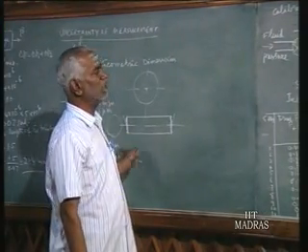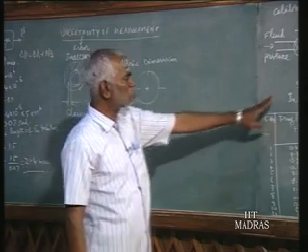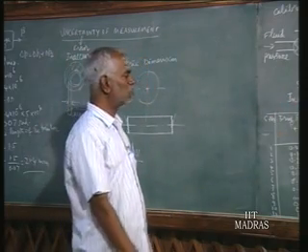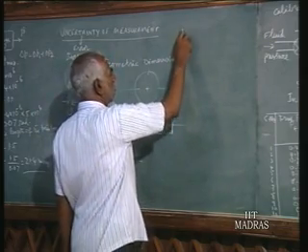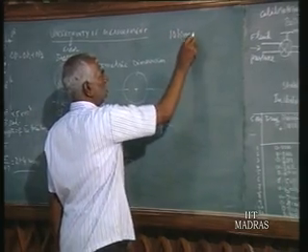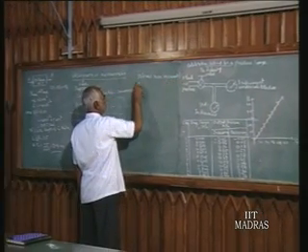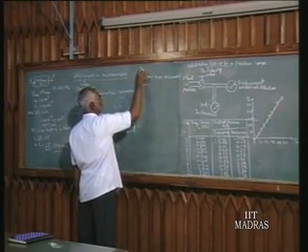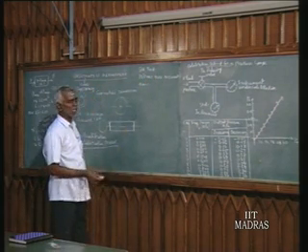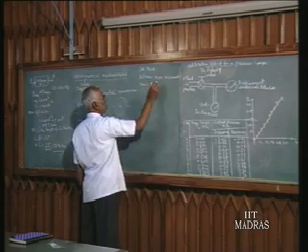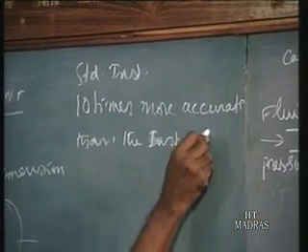After realizing the atmospheric conditions for the calibration process, next we have to select the so-called standard instrument. The standard instrument should be 10 times more accurate than the instrument under calibration.